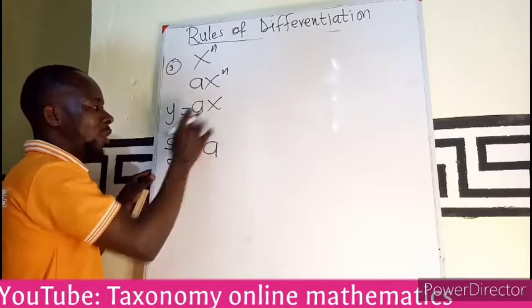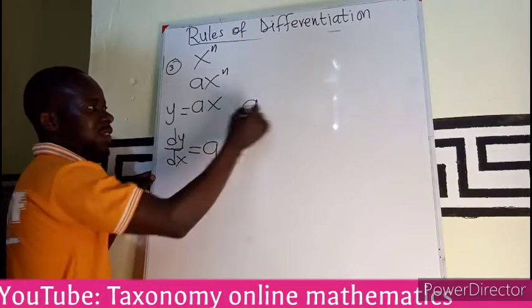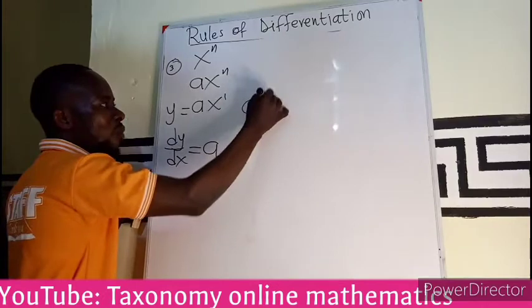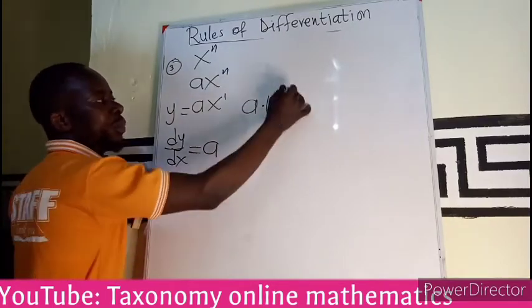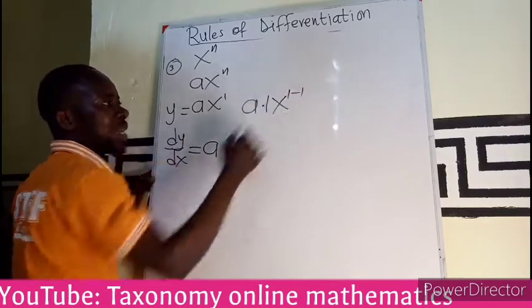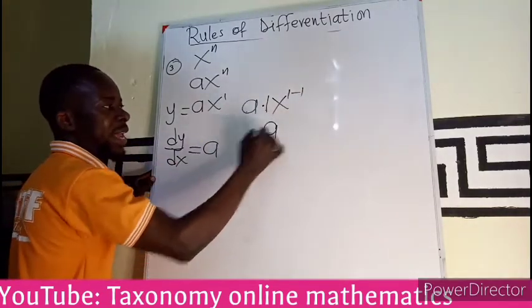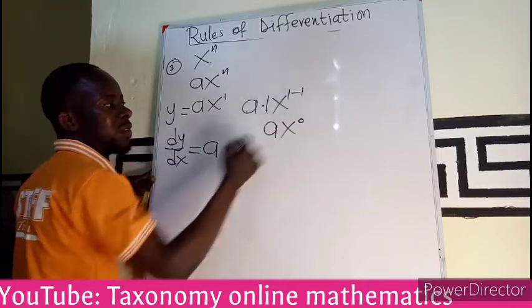Why? We know that we are holding the constant. There is 1 here, and multiplying this with that 1, the 1 is multiplying the function, and we reduce that exponent by 1. So a times 1 is a, and 1 minus 1 is 0.